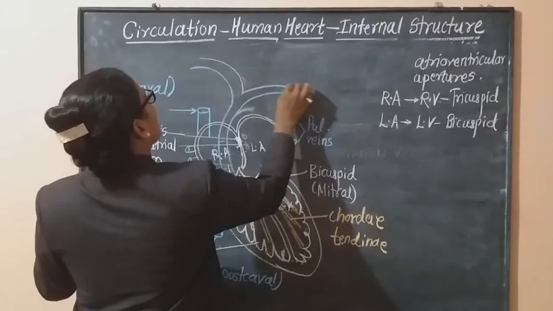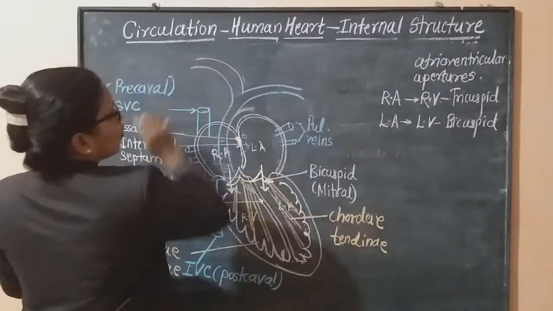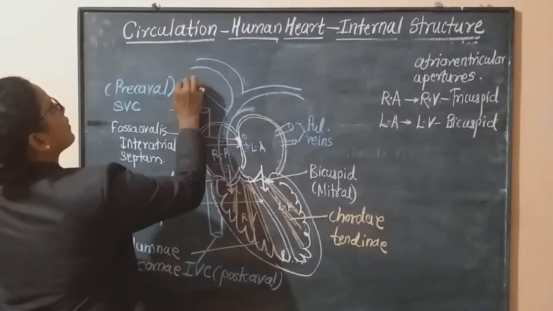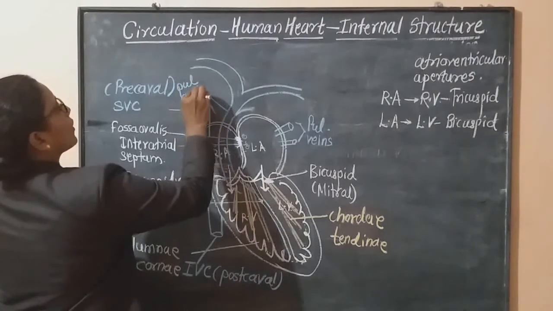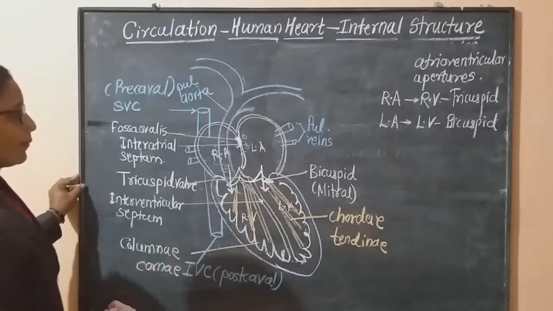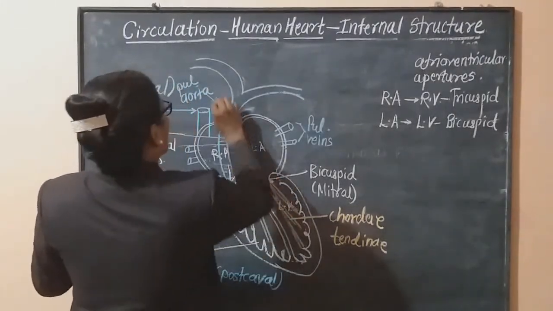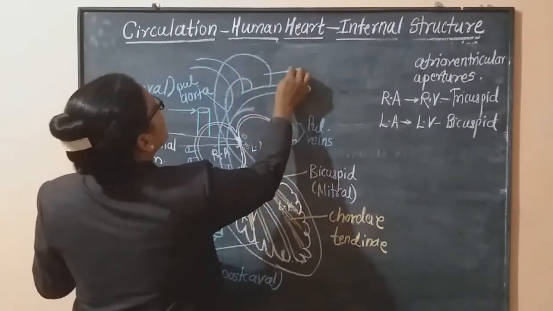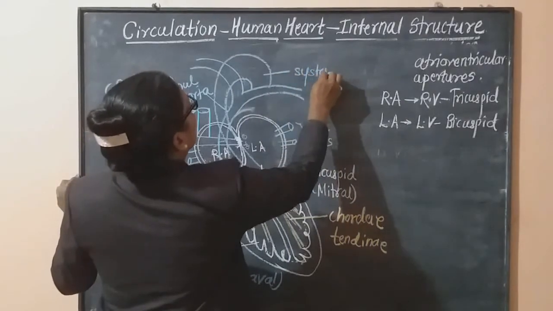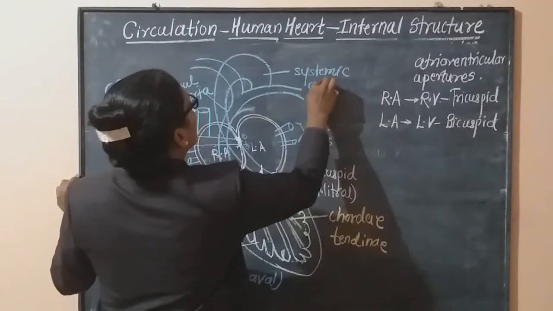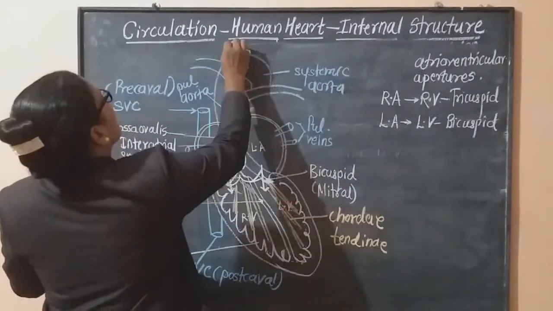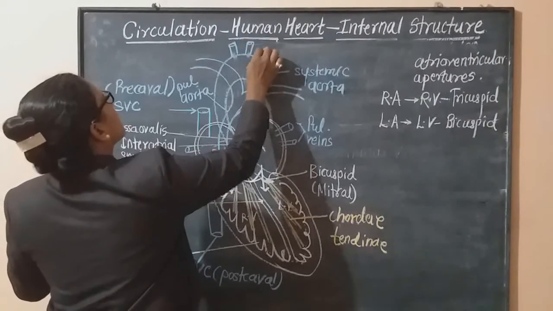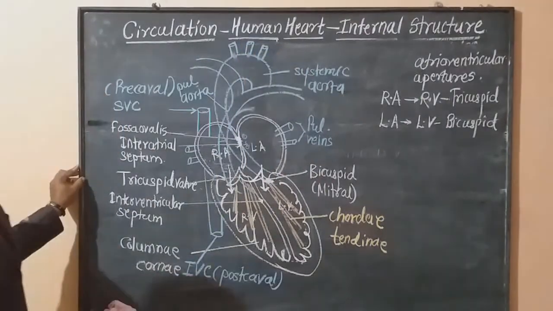Its two branches go towards the respective lungs. This is the pulmonary aorta, and next to it is another, enlarged blood vessel, the systemic aorta.